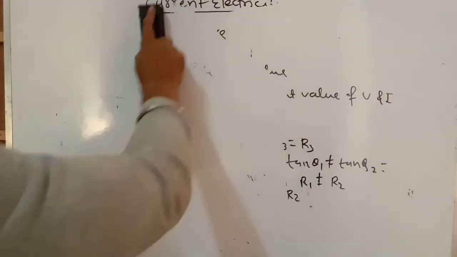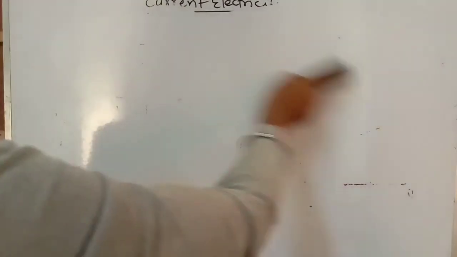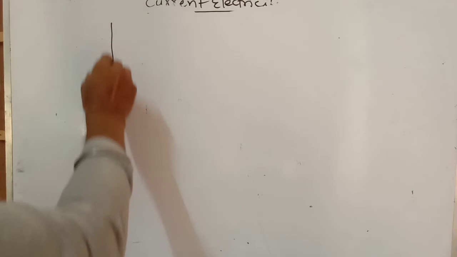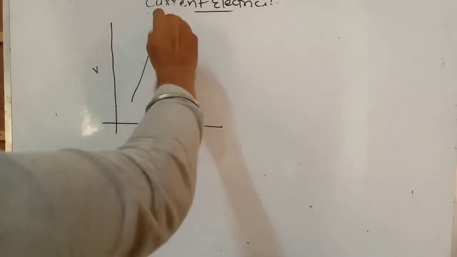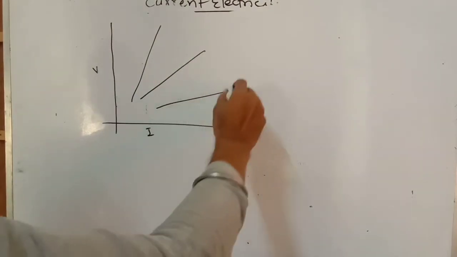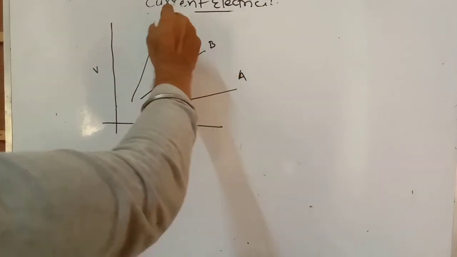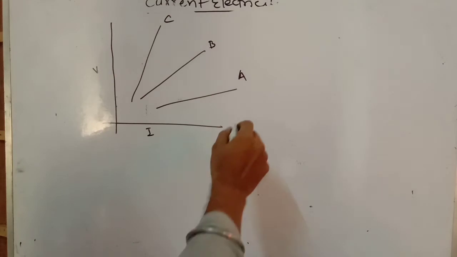Now I am giving some explanation and a numerical on the basis of the V versus I graph. Let us consider V versus I, with three graphs A, B and C, and the temperature constant.